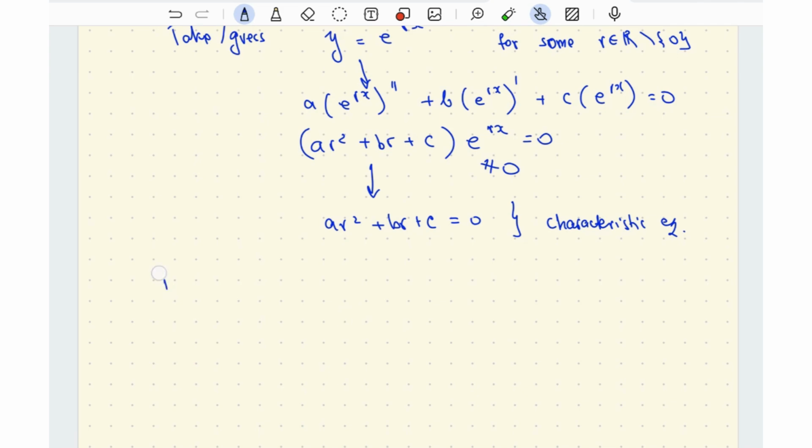The first case is when b squared minus 4ac, which is called the discriminant, is greater than 0. So in that case, we have 2 linearly independent solutions of the equation.